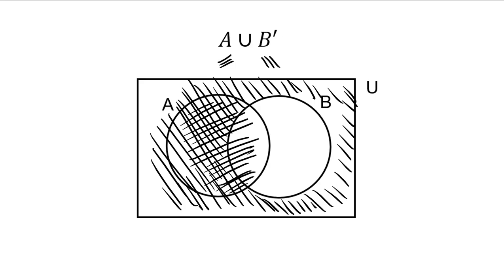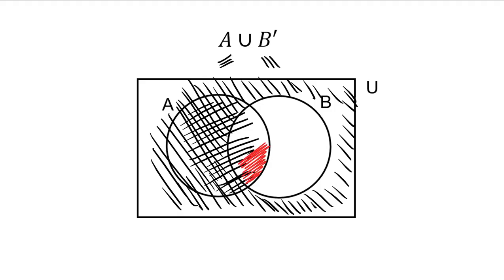Okay. Now, A union B complement would be everything that's either in A or is in B complement. So, as we've talked about, union is more or less like set addition. So the final region representing this would be everything that's shaded.